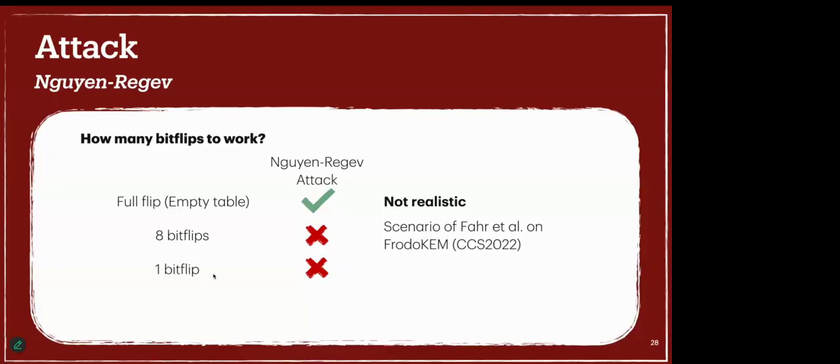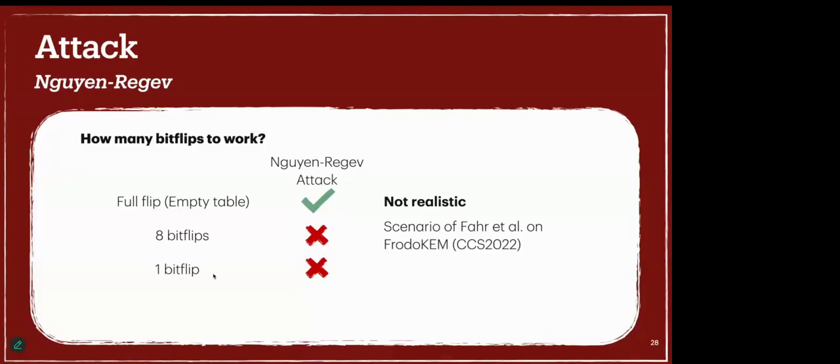But of course, this scenario is not realistic, since Rowhammer allows us to have some targeted bit flips, but there are way too many bits in the RCDT to perform that many bit flips. So one scenario that we considered was used by an attack on FrodoKEM at CCS 2022.